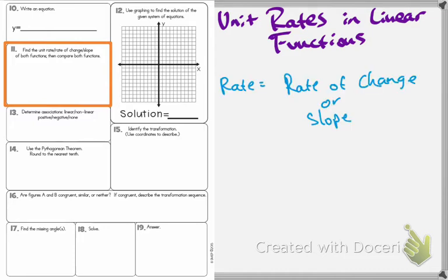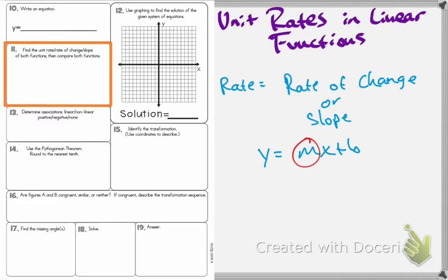So first, rate is another way to describe rate of change or slope, and we've talked about this lots before in lots of our other equations. Questions 8, 9, 10, 11, 12 all deal with these linear equations.